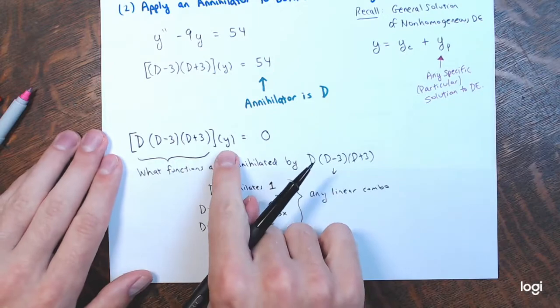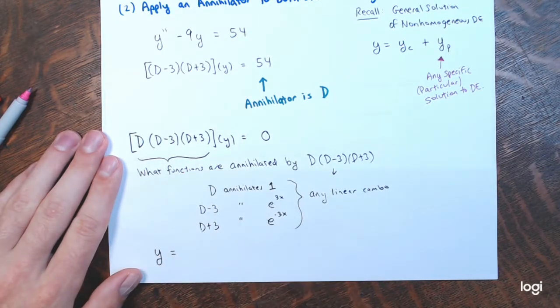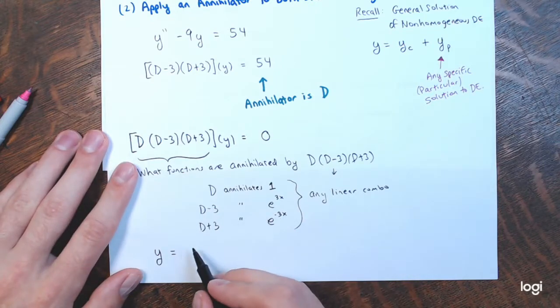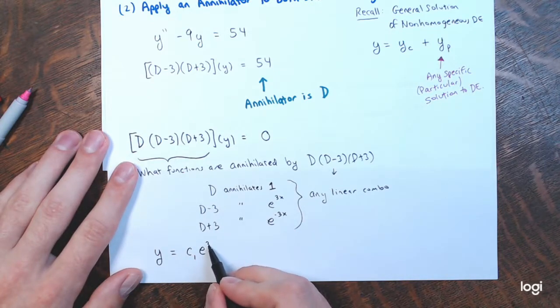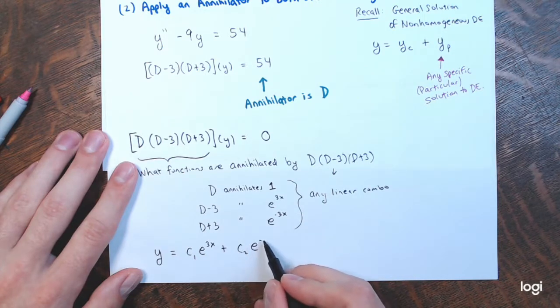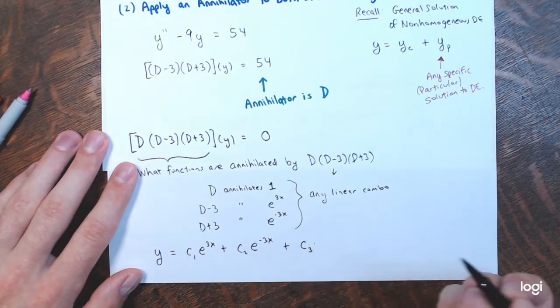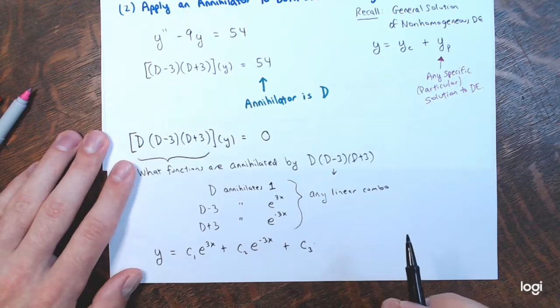So what I'm getting here is that y would need to look like the following: some constant c1 times e to the 3x plus some constant c2 times e to the negative 3x, and then plus some other constant, say c3 times 1, but no need to write times 1.